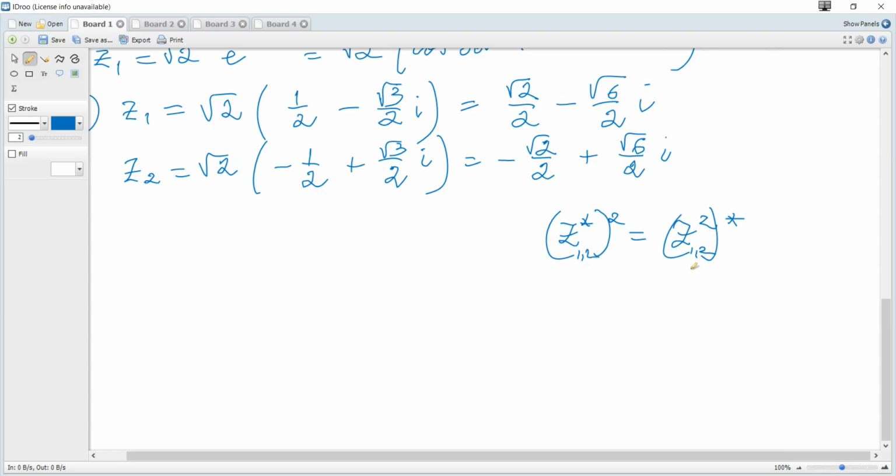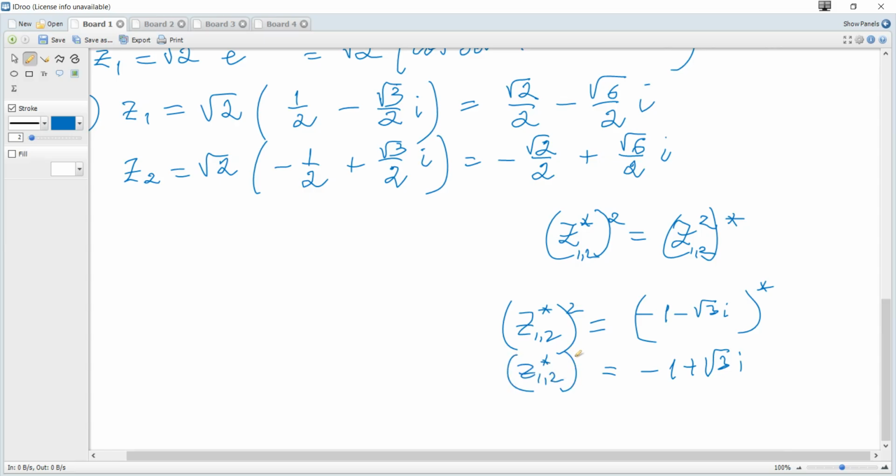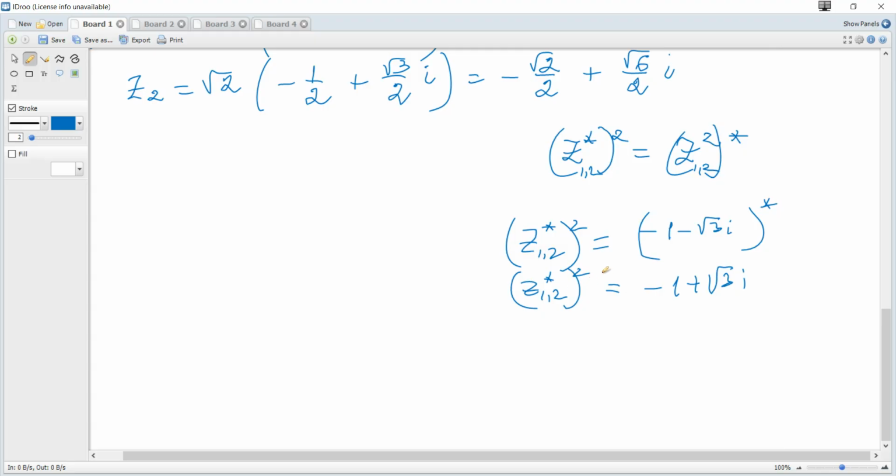that Z1, Z2 squared is negative 1 minus root 3i, and then the complex conjugate is equal to Z1, 2 complex conjugate squared, and the complex conjugate is negative 1 plus root 3i, and then applying square roots on both sides, the square root of negative 1 plus root 3i is just the Z1, 2 complex conjugate.